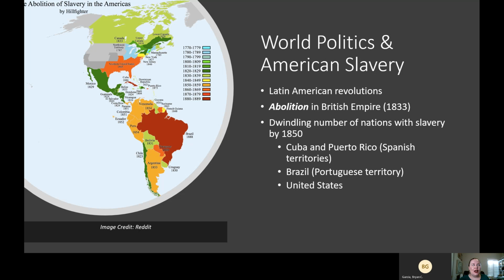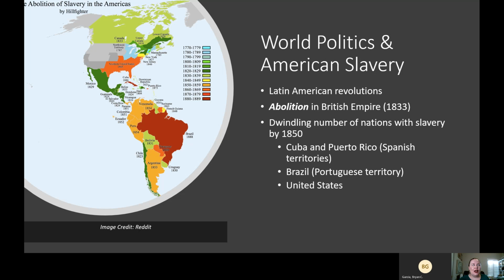And Americans argued that all these new Latin American nations rejecting slavery and how unstable some of these societies were following revolution kind of proved their point that if we abolished slavery, it would be very difficult, that there would be social unrest, that our economy would be completely wrecked, because now we would have to actually pay workers, and that would cut into profit margins. And so they're arguing that this is just something that we shouldn't do.